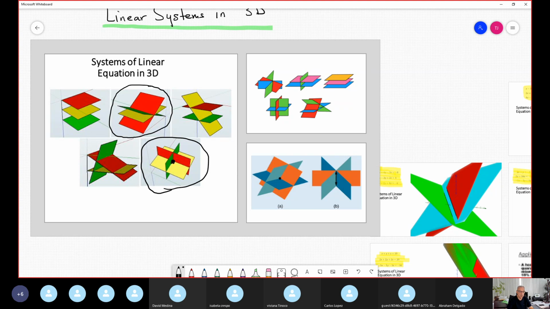Well, actually not a unique solution, because to be a unique solution, we need the point, degree of freedom 0. That means that the red, green, and yellow equations, which represent planes in 3D, have some common points, but not only one, rather infinitely many solutions. Do you see? This line is a common line between the three planes.